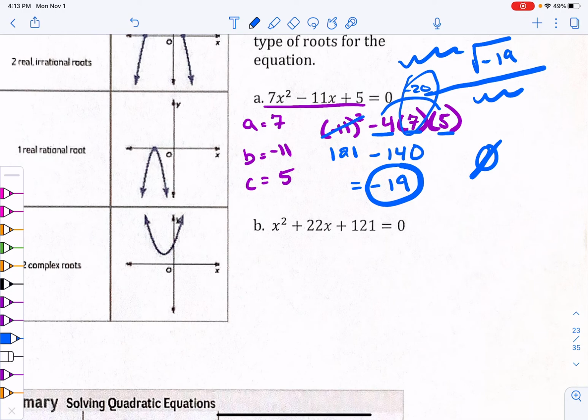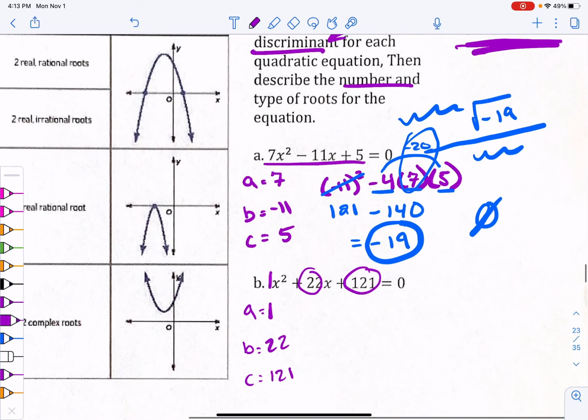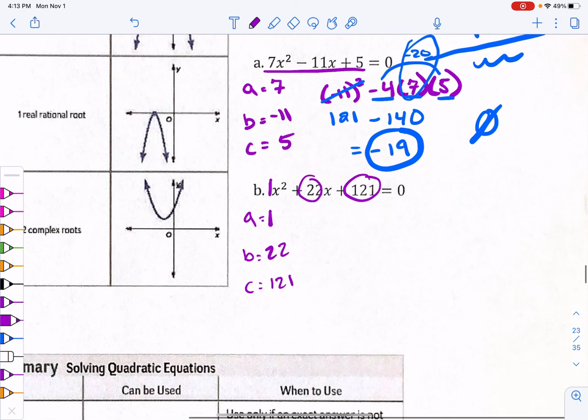Same thing with part B. Let's find the discriminant. So let's do a, b, c here. We've got a is 1, b is 22, c is 121. Okay, and we would just want to calculate that b squared minus 4ac, just the stuff that's underneath.